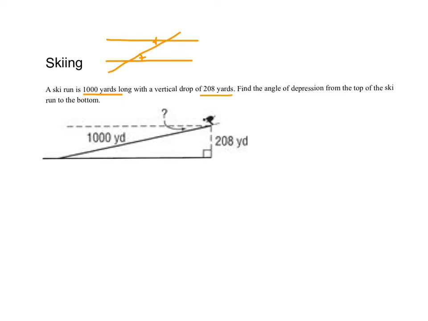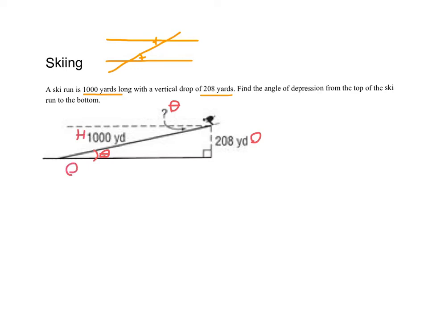So this angle that's unknown, this question mark, which I'm going to call red theta, is actually the same measurement as this angle down here of red theta. So we could solve this in terms of red theta. If we do that, then our 208 is opposite the angle, and the 1,000, well, that's my hypotenuse.